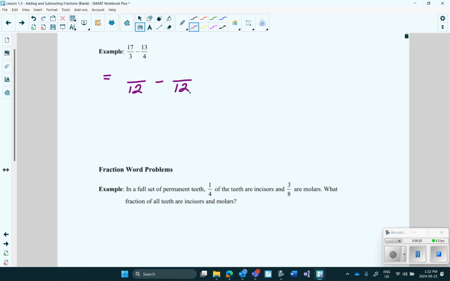Whatever you times it, so you times 17 by 4 and then 13 by 3. This will equal 29 over 12. Perfect. Well done. Yeah, that's it.